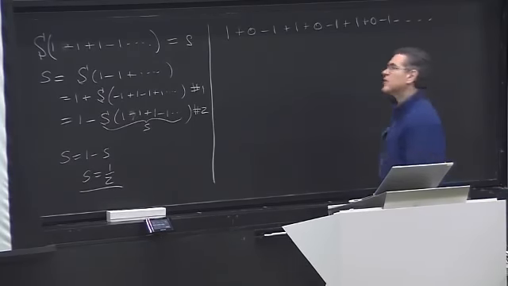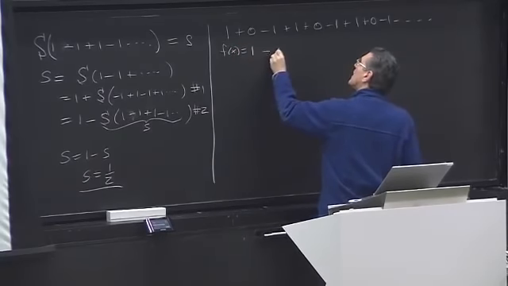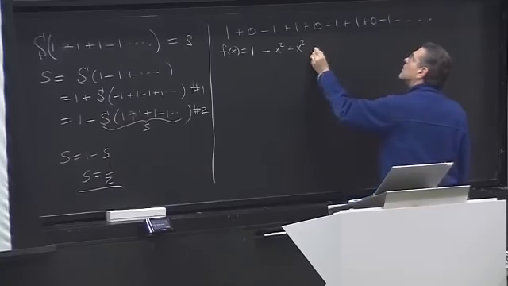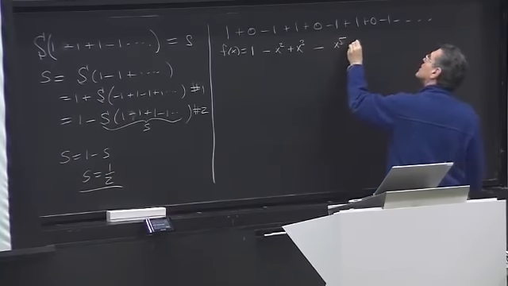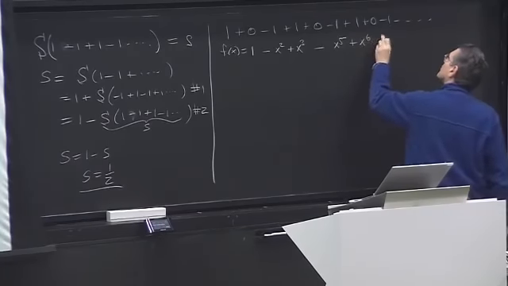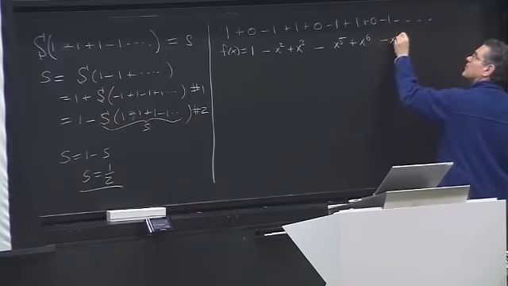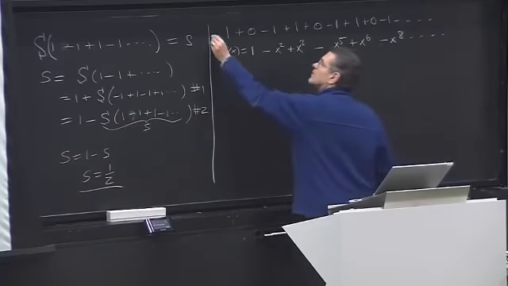Okay, Mr. Euler says, construct the function f of x, which is equal to 1 minus x squared plus x cubed plus 0 minus x to the 5th plus x to the 6th plus no x to the 7th minus x to the 8th, and so on. Okay? Do you understand? This is Euler.